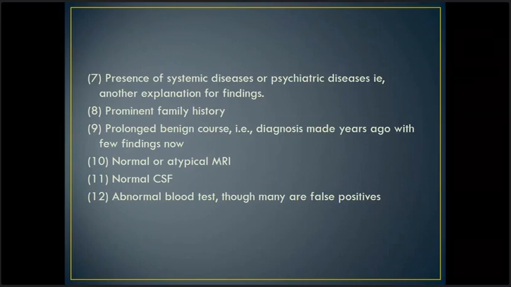Normal MRI, I cannot say it excludes multiple sclerosis, but it's very difficult to accept multiple sclerosis with normal MRI, especially with the sophisticated MRI nowadays, because in the preclinical phase there are MRI changes without any manifestation. Normal CSF, abnormal test, so many are false positive.